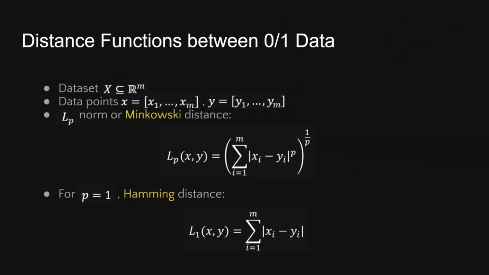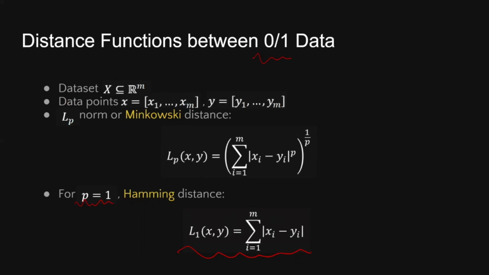Now, going back to the definition of the Manhattan distance, when p equals 1, this is the definition of the Manhattan distance, and especially when the features are binary. So let's say you have a data set, and the data points are binary digits.